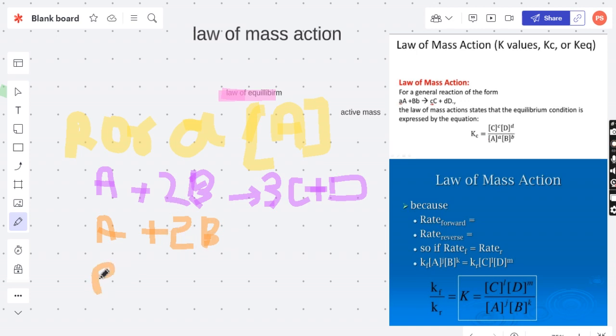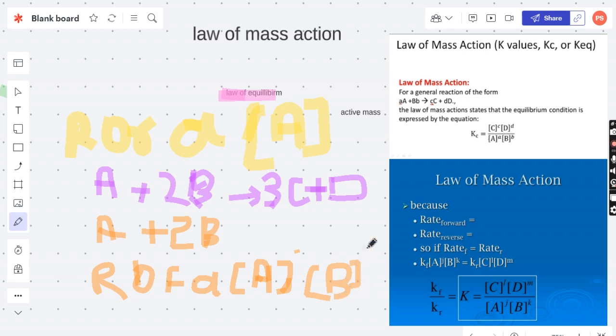The rate of the forward reaction is directly proportional to the active mass of A with power 1, because its moles are 1, and then B with power 2, written inside the bracket.